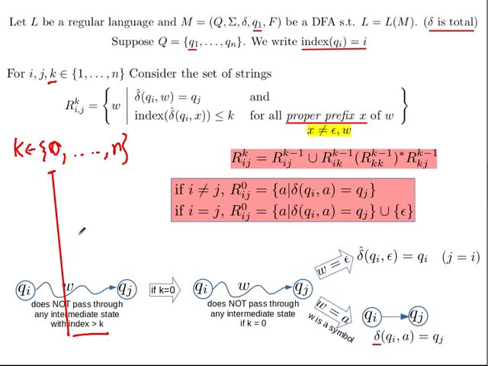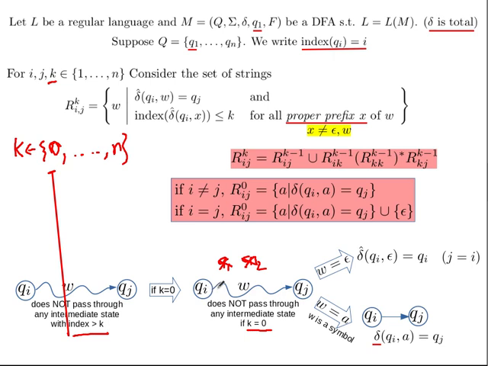Now what does it mean to set k equals 0, right? That means here you can't even have q1, you can't have q2, so you cannot have these states as intermediate states. This means that you cannot have any intermediate state at all, so you cannot have any state here, right?